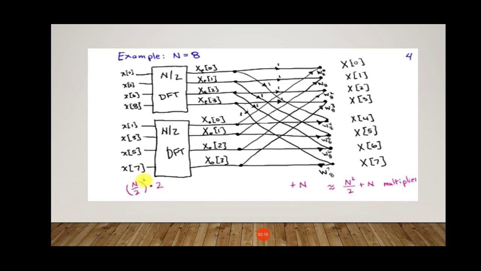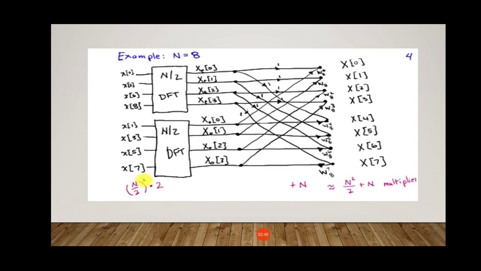So we can write this as minus of W8^0. Similarly, W8^5 can be written as W8^(1+4), that is N by 2, so it can be written as minus W8^1. Similarly, W8^6 can be written as W8^(2+4), that is minus W8^2.